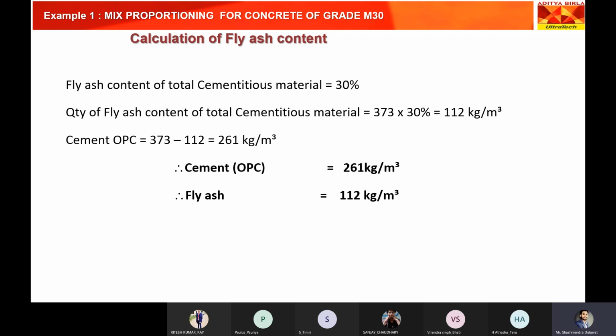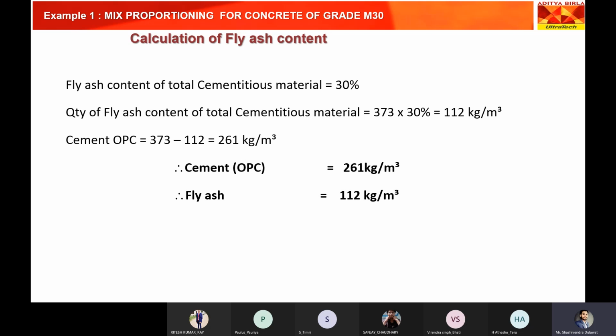So quantity of fly ash content of total cementitious material is equal to 373 into 30%. That value comes out to 112 kg per meter cube. And we will use OPC. So 373 minus 112, then the value comes to 261 kg per meter cube.